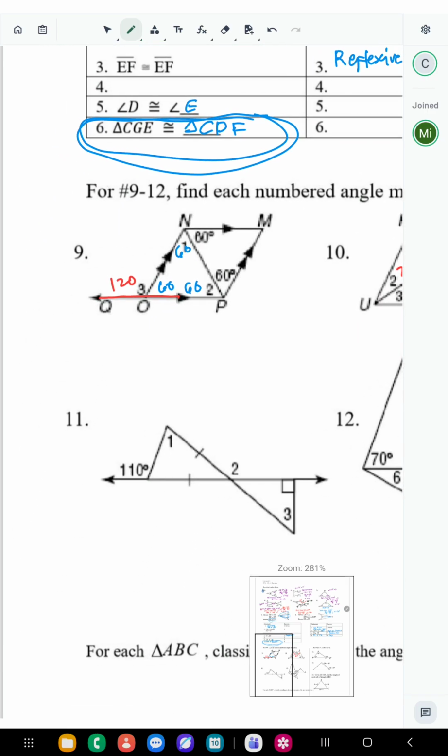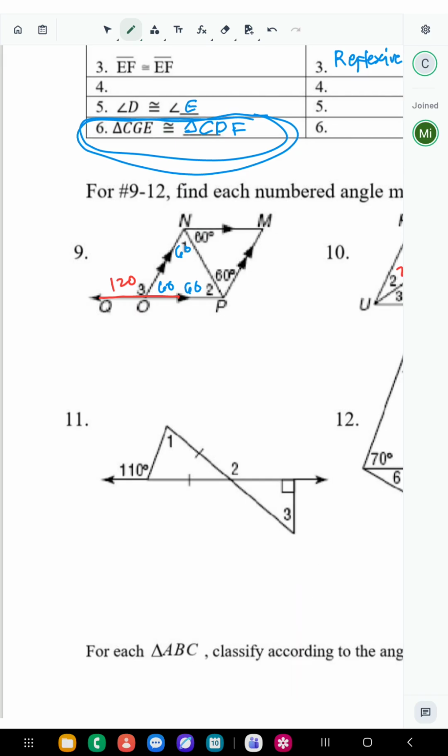Number 11. Okay, number 11. Alright. 180 minus 110. So this one is 70. It says this is a right angle. It says this is equal. So that means angle 1 is also 70.